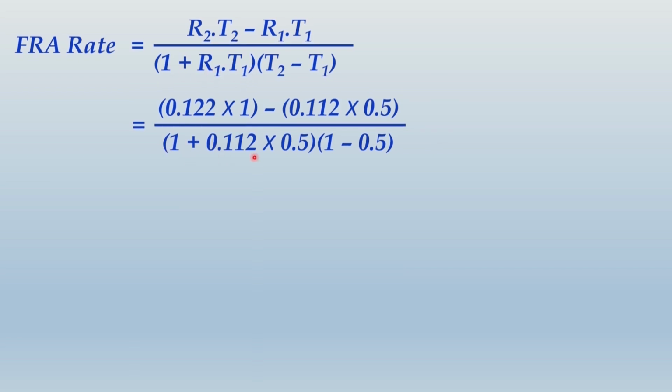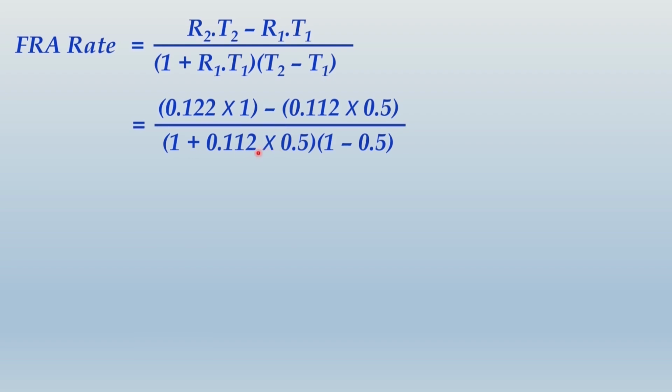So 1 plus 0.112 into 0.5, and finally this last part within brackets T2 minus T1, that is 1 minus 0.5. Now in the numerator, 0.122 into 1 will give you 0.122 as it is, and 0.112 into 0.5 you should get 0.056.